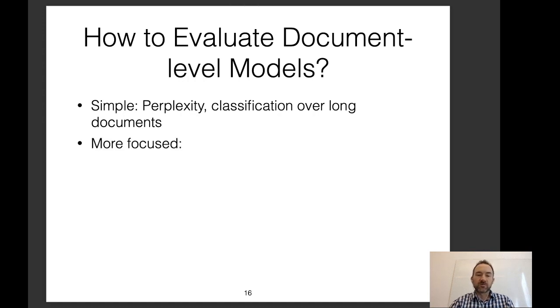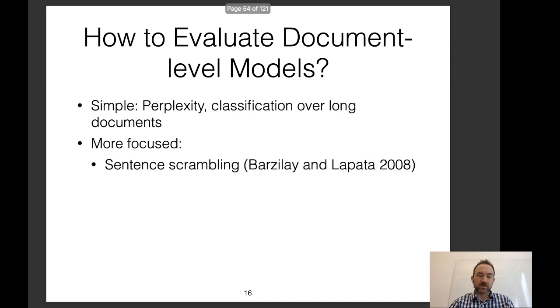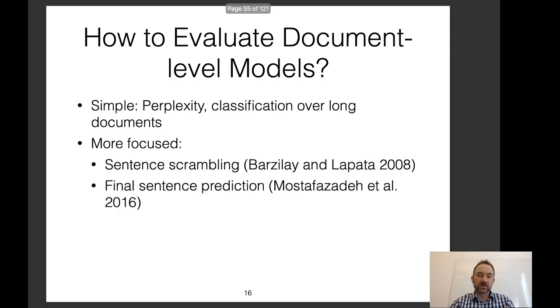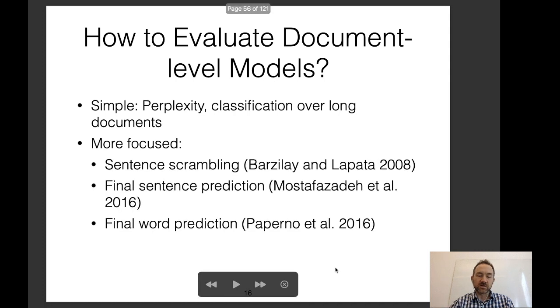There are also some more focused evaluation metrics, such as sentence scrambling, final sentence prediction, and final word prediction. And these are targeted to find individual phenomena that require an understanding of discourse. For example, unscrambling sentences requires you to be able to model the coherence of a document.